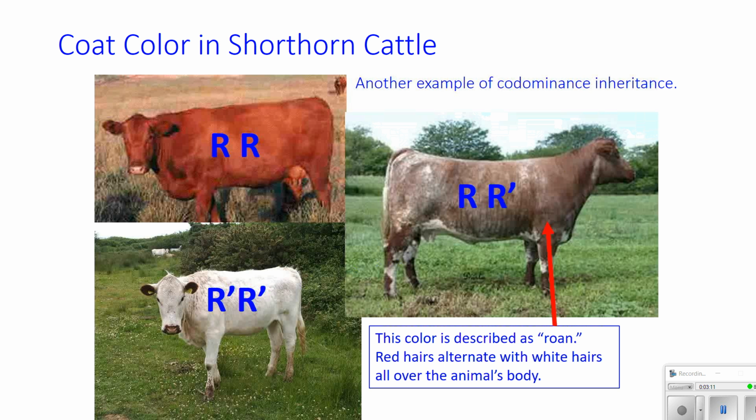But because the red and white hairs are dispersed across the animal's body, when you step back from it, it looks like this in-between kind of rusty red color, which is described as roan. So again, in shorthorn cattle, RR for red, R'R' for white, and roan is the phenotype whenever we have a heterozygous animal, that is RR'.